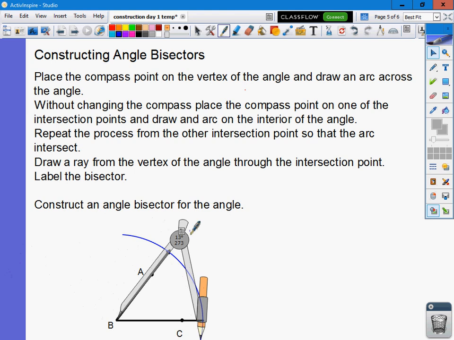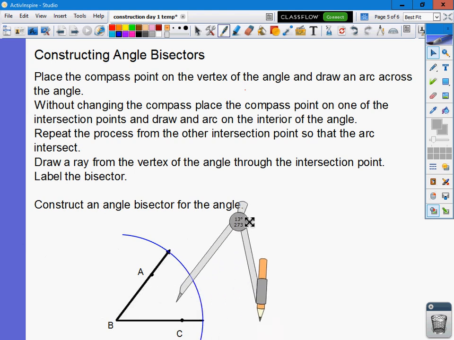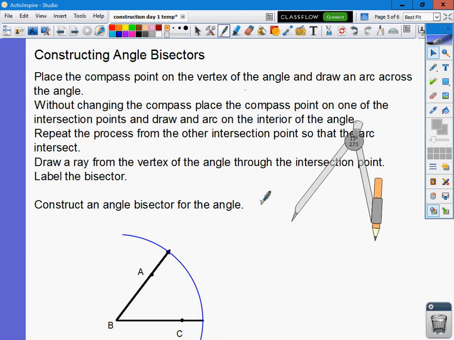And I'm going to make an arc. Now, without changing the compass, place the compass point on one of these intersections. There were 2 intersections created. There was an intersection on ray BA. There was an intersection on ray BC.